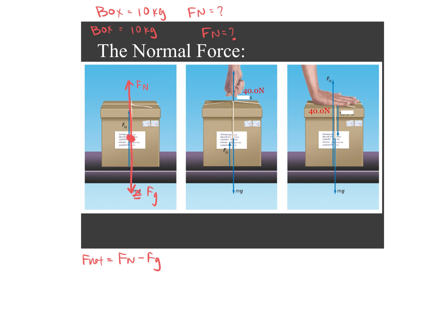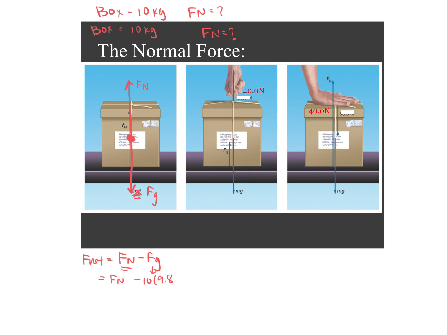We agree? Okay, so my goal is to find what is the normal force, right? This is my goal. I'm calculating this value. Can I calculate Fg? Yes, I can take mass times 9.8. I don't know what normal force is, so I'm going to leave it there. Is my box accelerating in the vertical direction here?